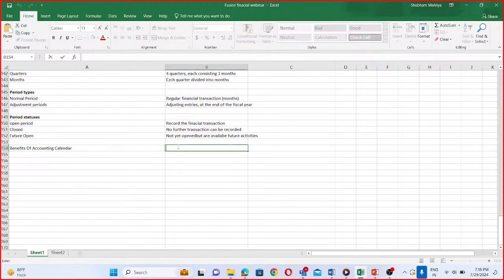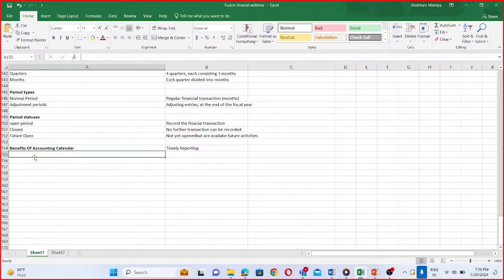First of all, there is timely reporting. It ensures timely and accurate financial reporting, meeting internal and external deadlines. So it meets the internal and external deadline.